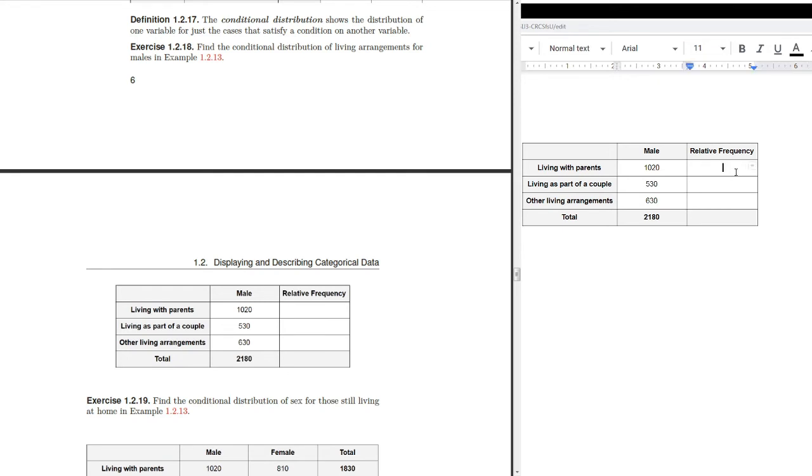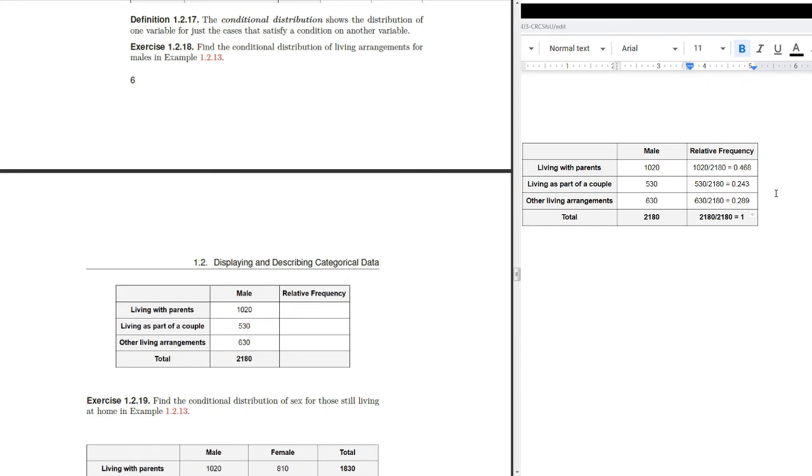So for example, we have 1020 divided by 2180, and this gives us 0.468. And next we have 530 divided by 2180, which is 0.243. And 630 divided by 2180 gives us 0.289, and 2180 over 2180 gives us 1.